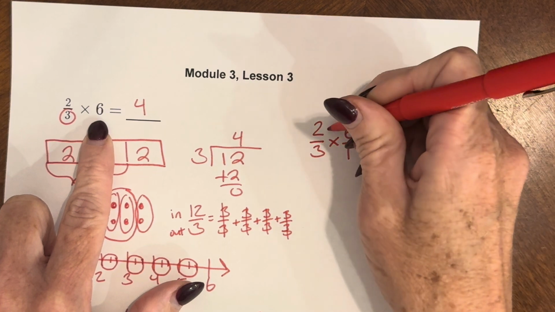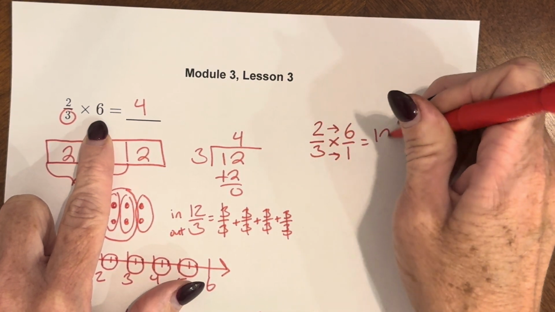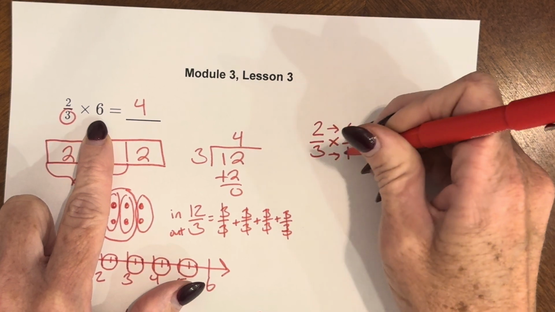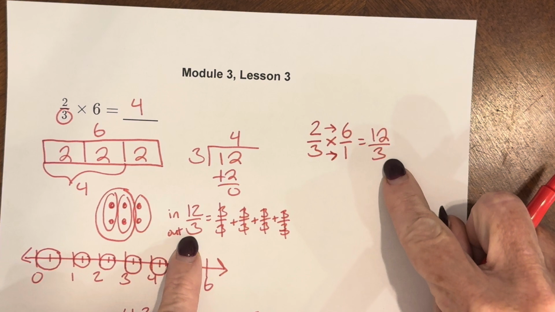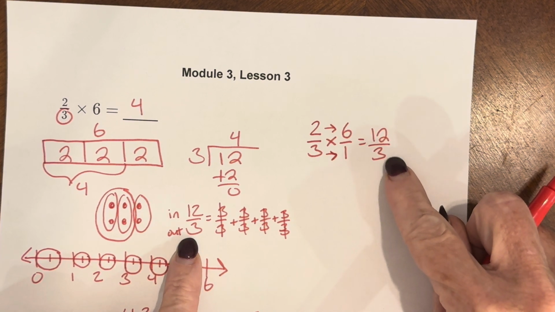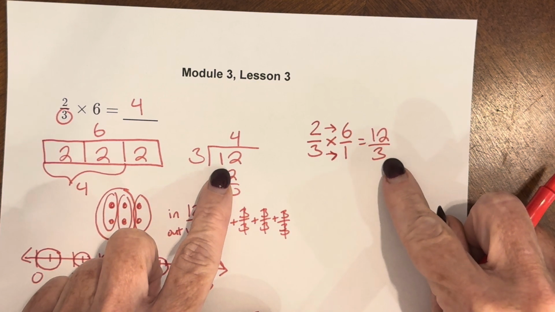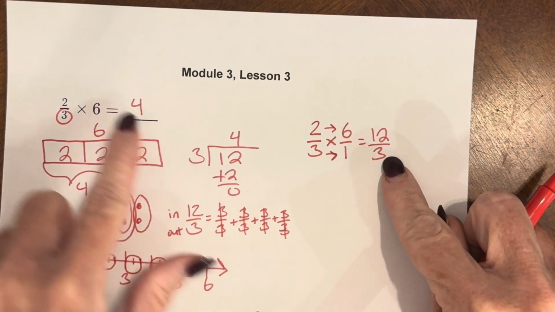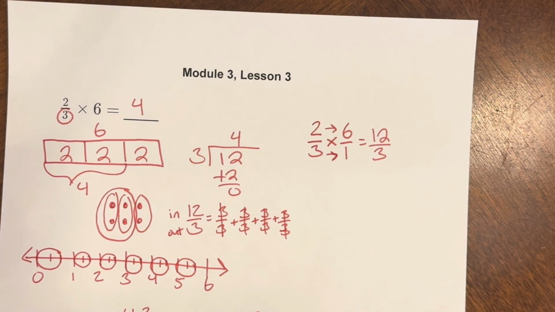And now I'm going to multiply straight across. 2 times 6 is 12, and 3 times 1 is 3. And look what I got. I got the same thing that I did for my pictures, which when I fixed this greater than 1 fraction, I got 4. But it saves me a lot of time with my pictures.